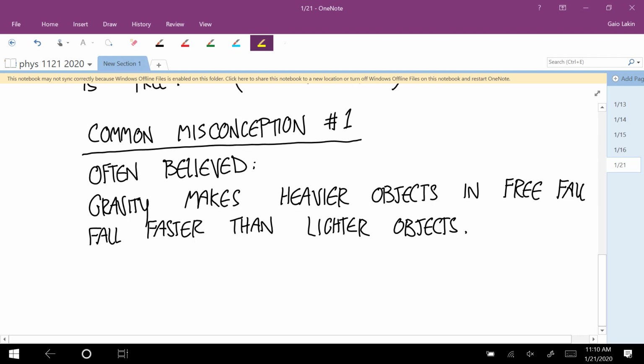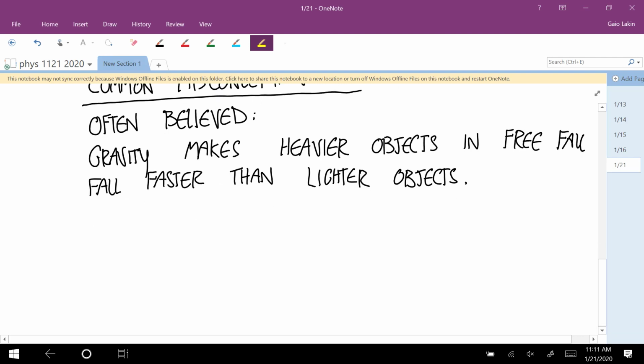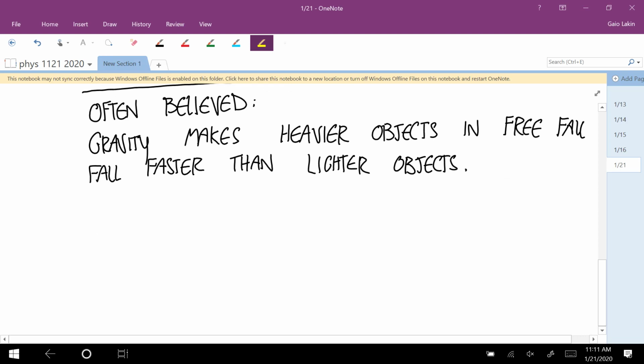And the higher you go up, the more obvious it is. If you go 1 story up and drop a ping pong ball and a pinball, say, the pinball hits the ground first. So there's a lot of reasons that we have this intuition. But it's not gravity that does it.